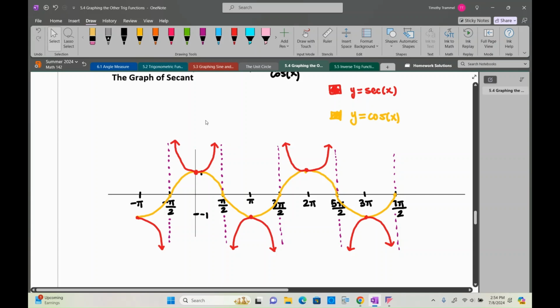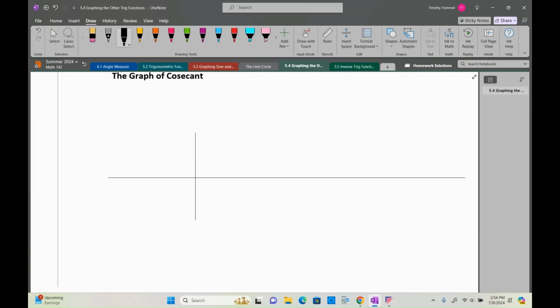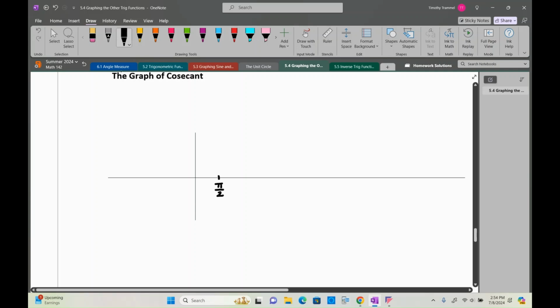Okay. So I'm going to come down here and let's really quickly add in some of those tick marks, counting again by pi over 2's. I'll just go to 3 pi on this one.